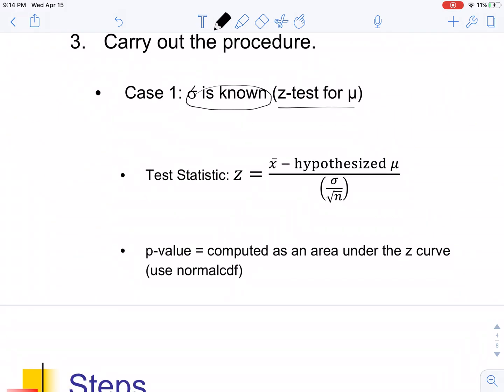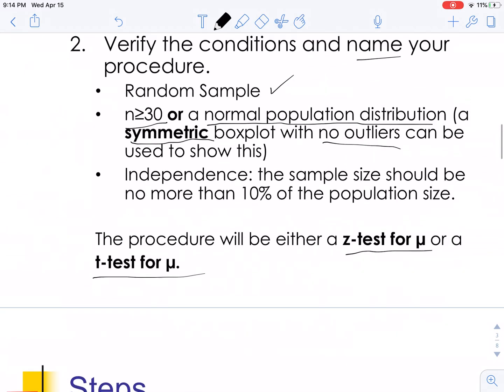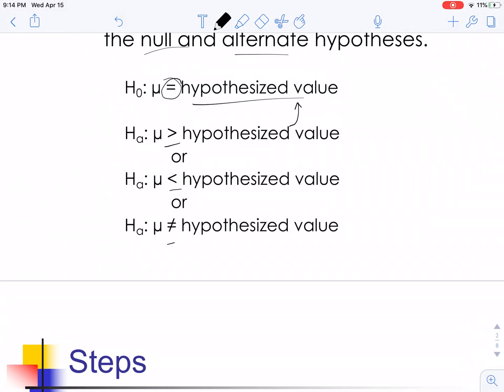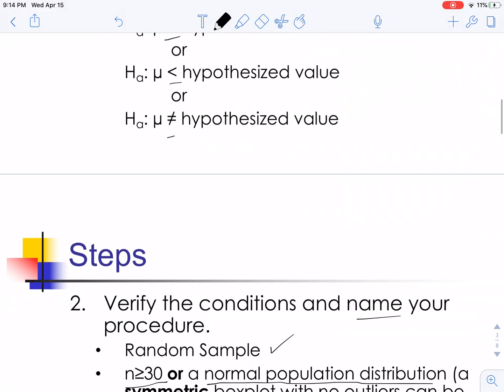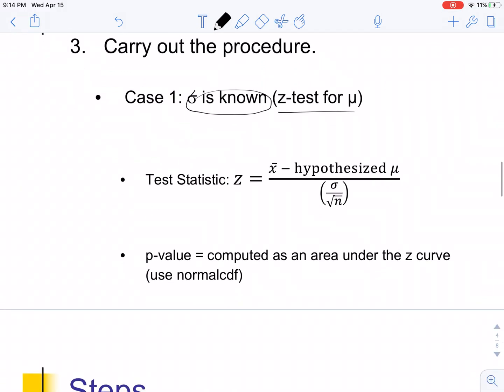So it's x bar minus your hypothesized mu value, and that's the number that comes from your null hypothesis. You're going to then divide by the standard error. So the standard error is sigma over the square root of n. So make sure you get that square root of n over in there. Once you have the z-score, then you're going to calculate the p-value using the normal CDF TI calculator function. All right, so that's the procedure for step 3.